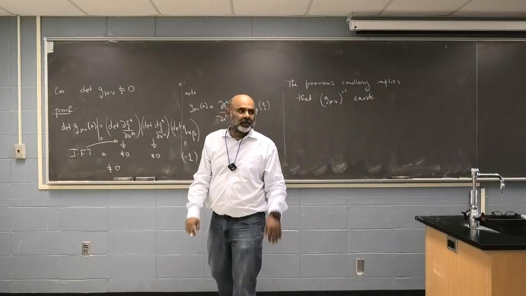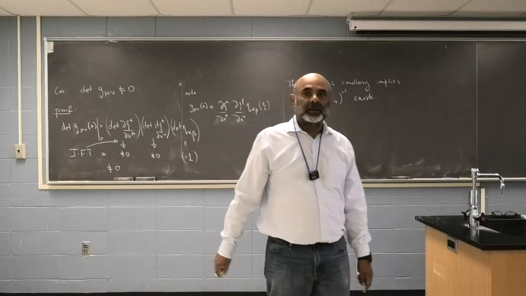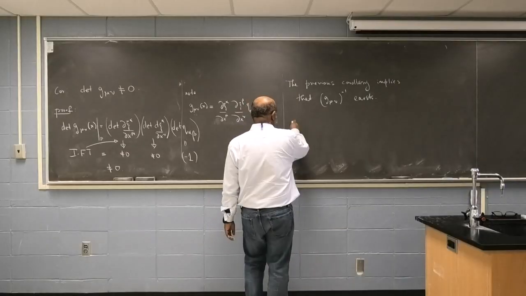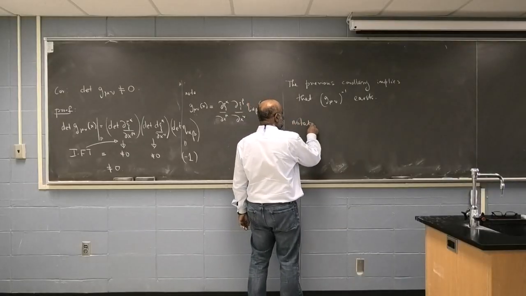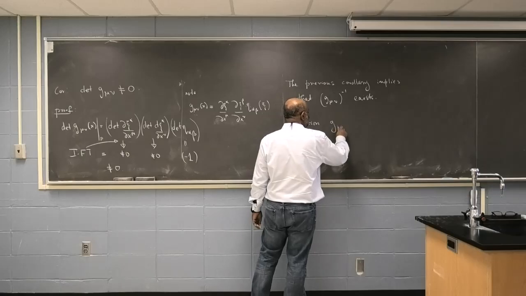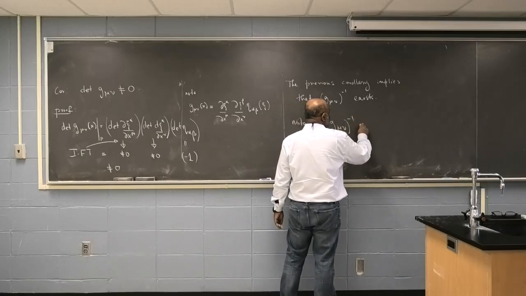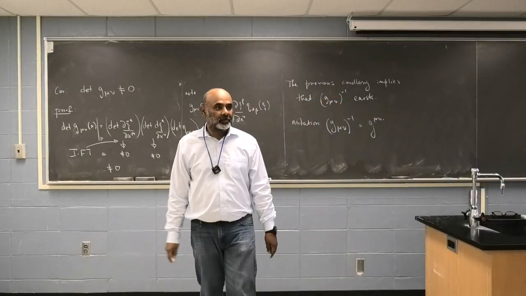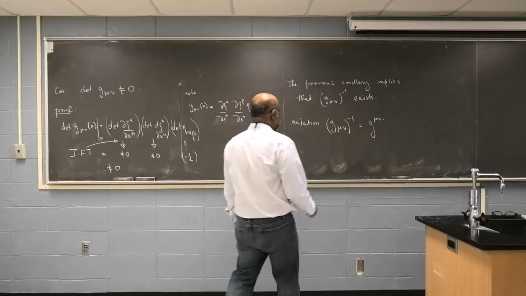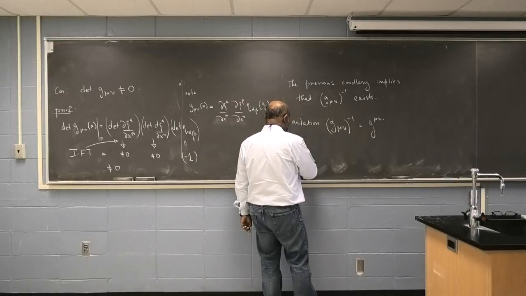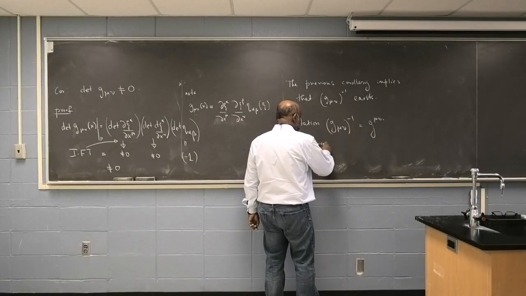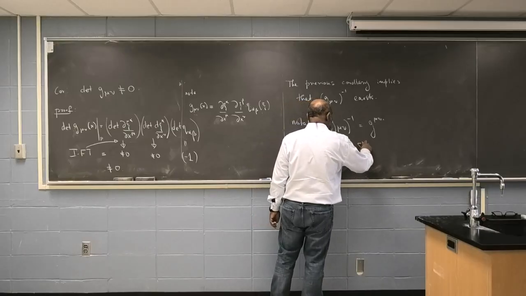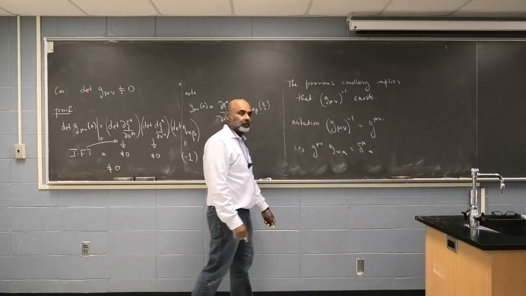This is true from linear algebra. If the determinant of a matrix is not 0, its inverse exists. Notation? What do you think the notation would be? Is it G with indices up? Yep. So, what I'm trying to say here is G mu alpha times its inverse is delta mu alpha.